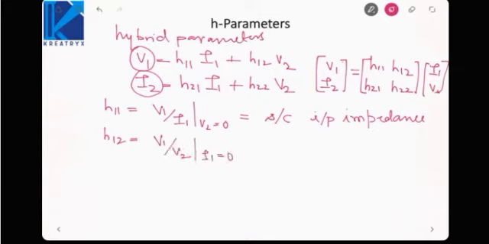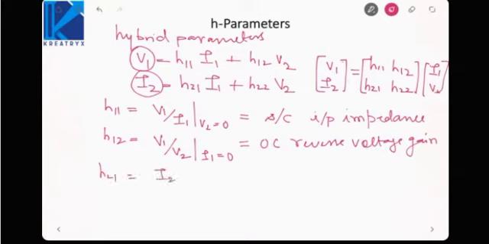Now, usually how do you define the gain? We define the gain as the ratio of output to input, but it is the ratio of input upon output. So, it is your reverse voltage gain. So, it is your open circuit reverse voltage gain. What about H21?